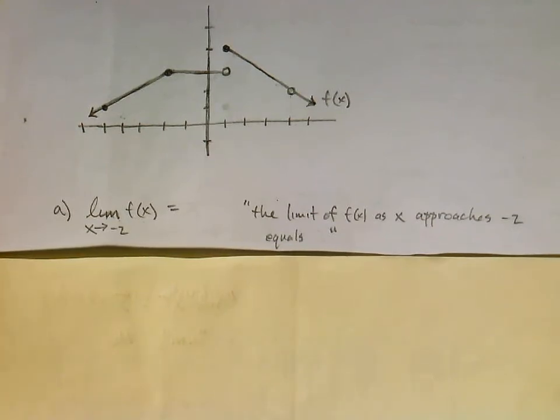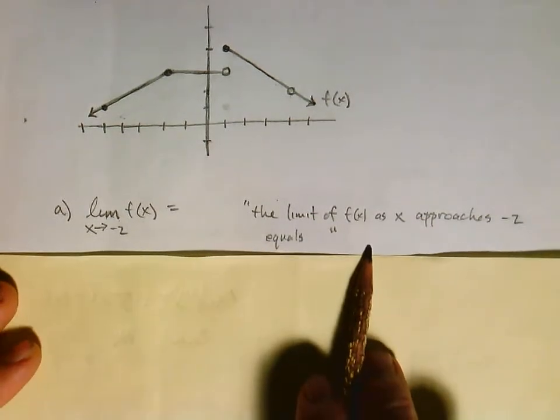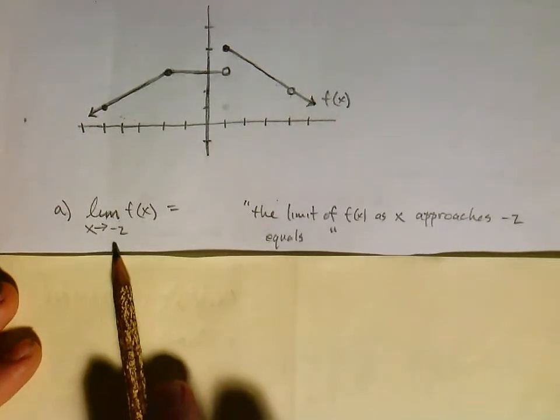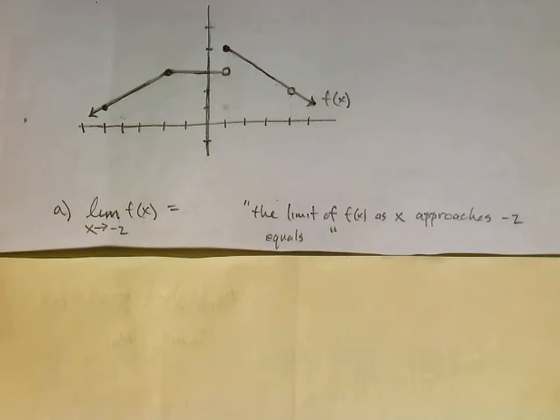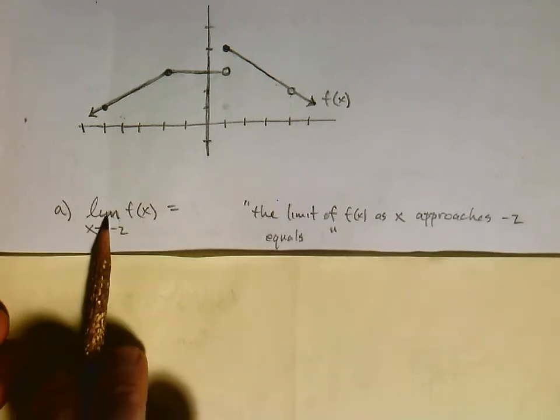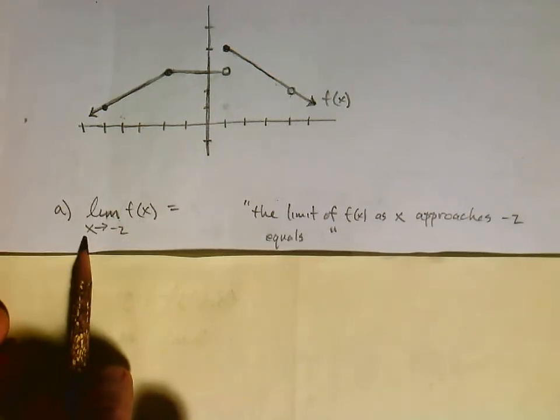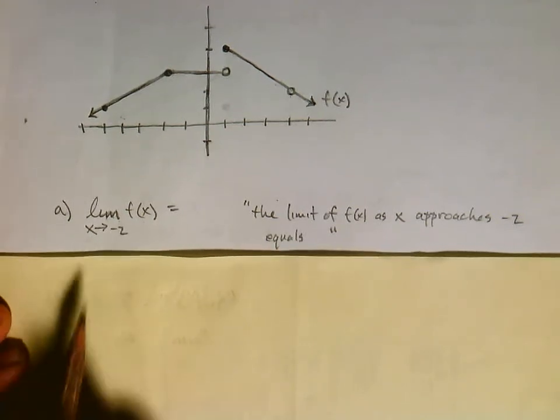When you see that notation, you would say the limit of f of x as x approaches negative 2, and then we'll find out what it equals.